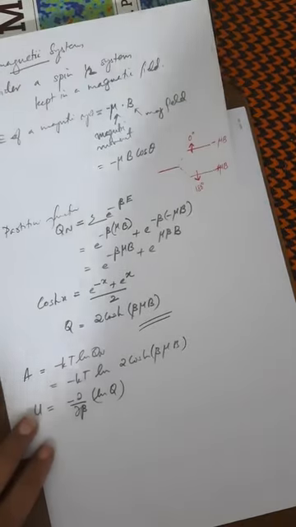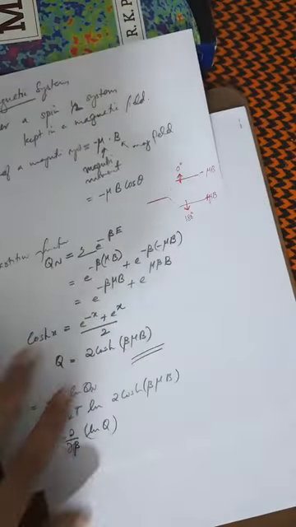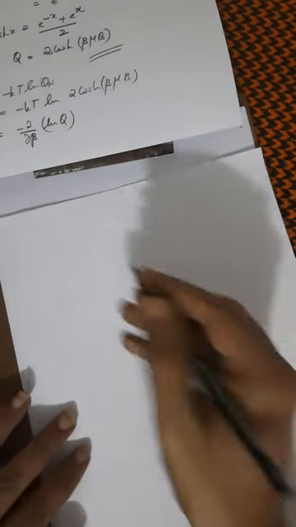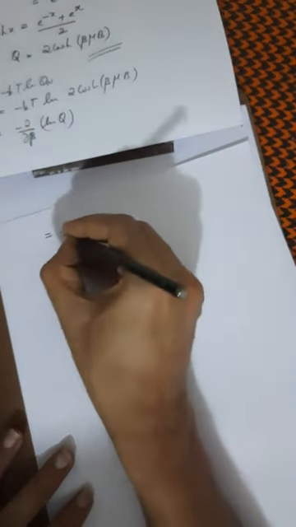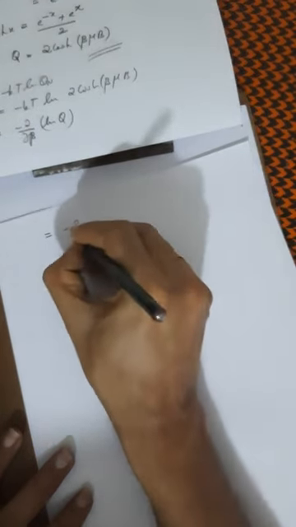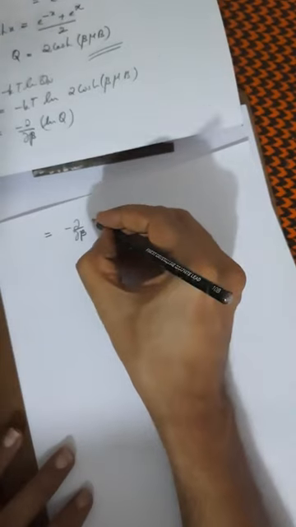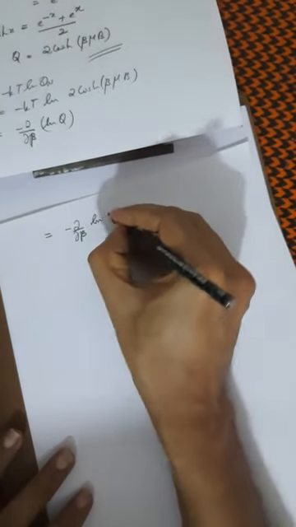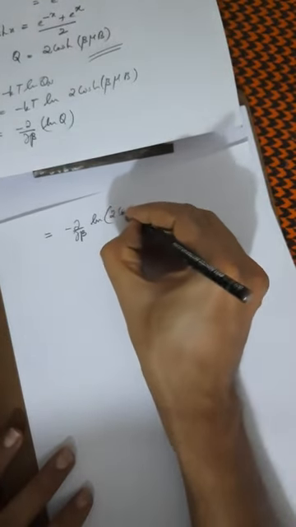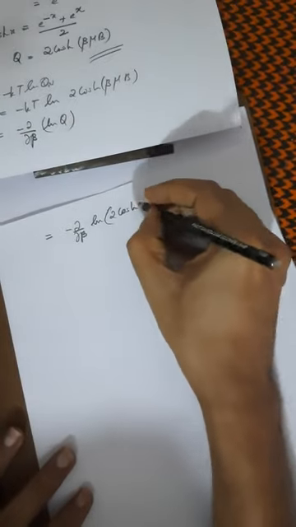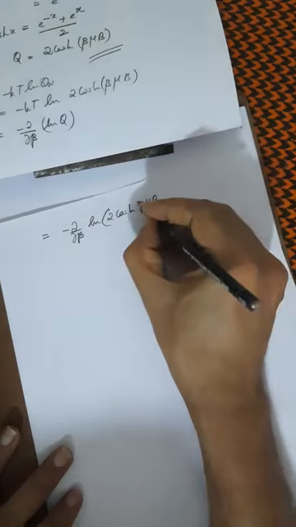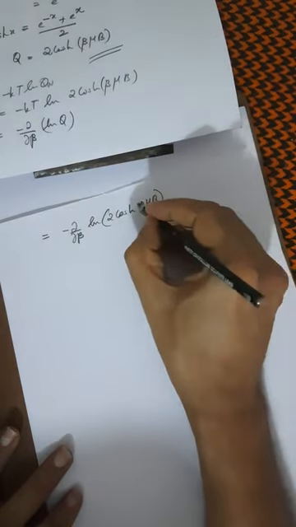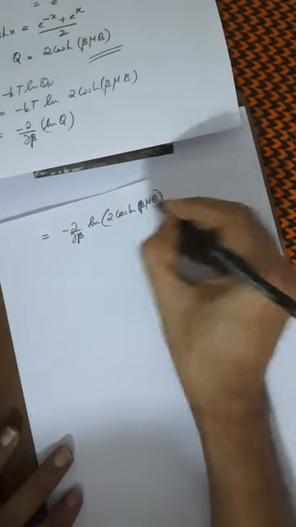I can write that expression as U is equal to minus ∂/∂β of ln of 2 cosh(βμB), right?